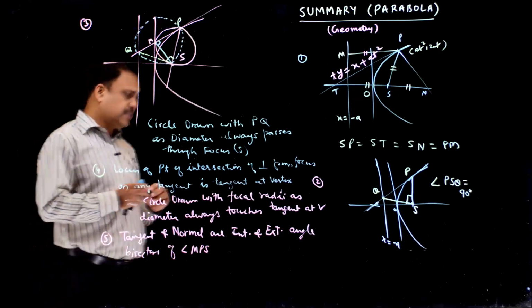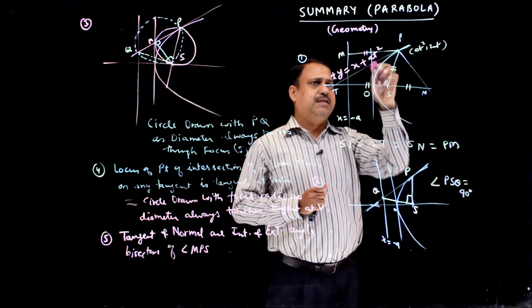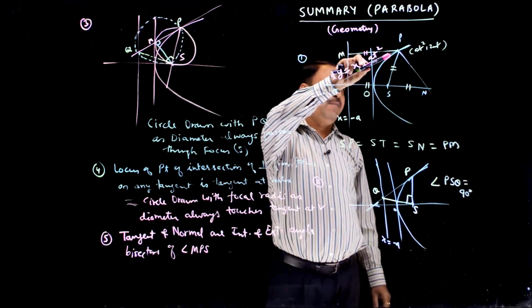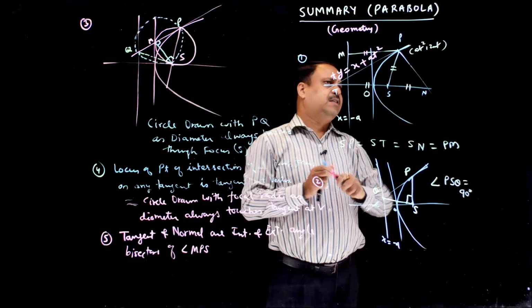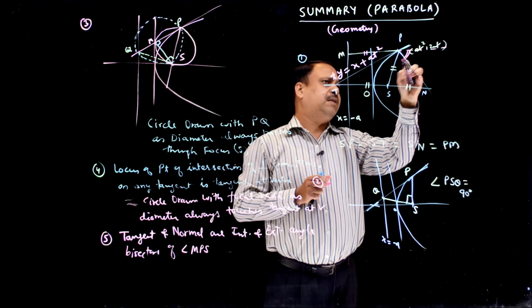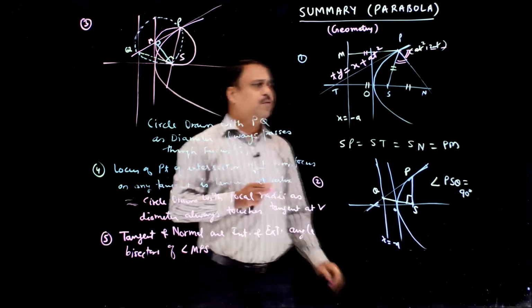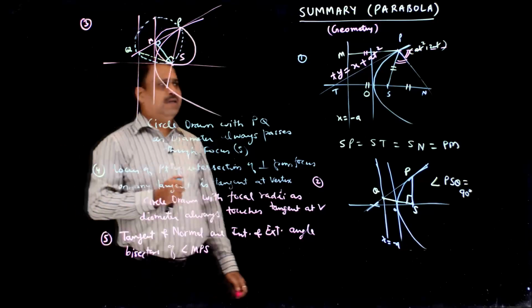What is this angle MPS? This point is joined with the focus and we are dropping a perpendicular on the directrix. So this tangent is the internal angle bisector, and if you extend them, the normal will become the external angle bisector of this angle. This angle will be the same as this angle. So from here we get the reflection property.